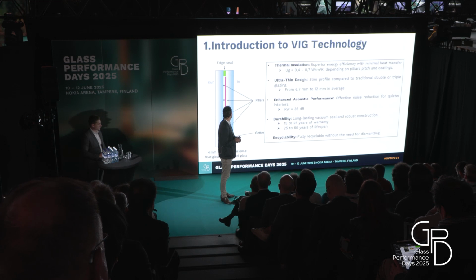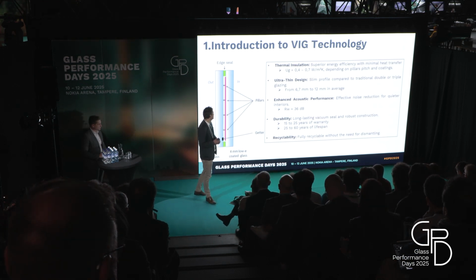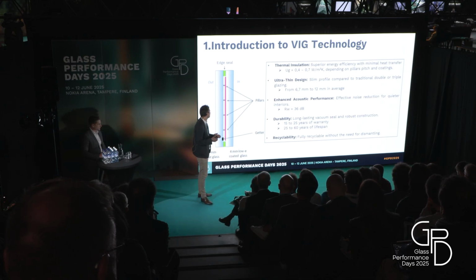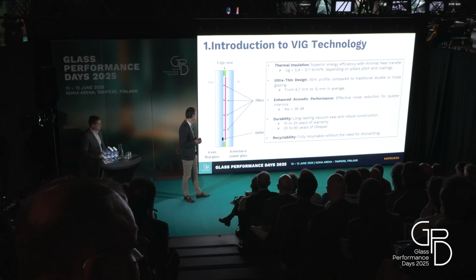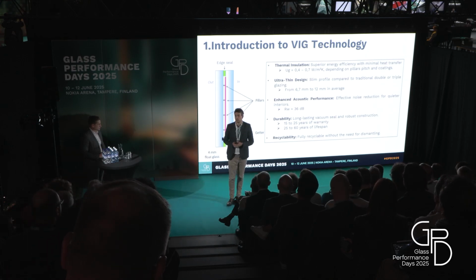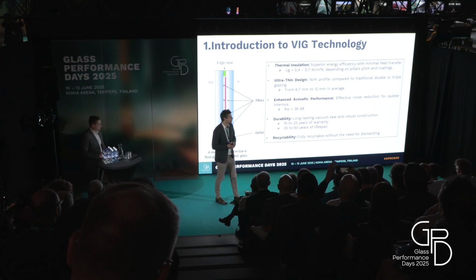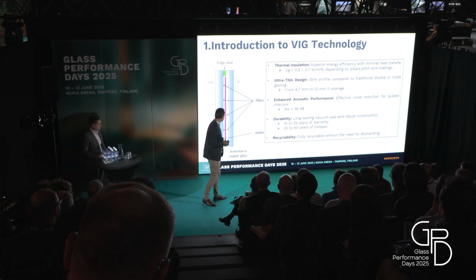And of course, we will introduce this low emissivity coating to reach this superior U value, as I said before, between 0.3 and 0.7. And in the cavity, we will also introduce what is called the getter. The getter is like a sponge, and its purpose is to absorb the residual gases in order to maintain the vacuum during the lifetime of the VIG.